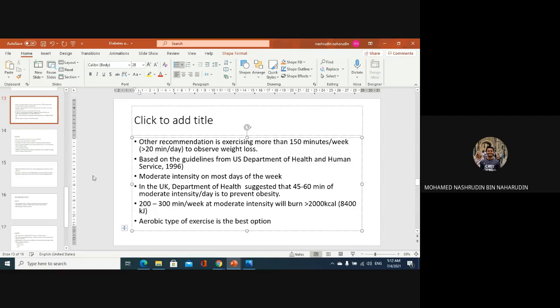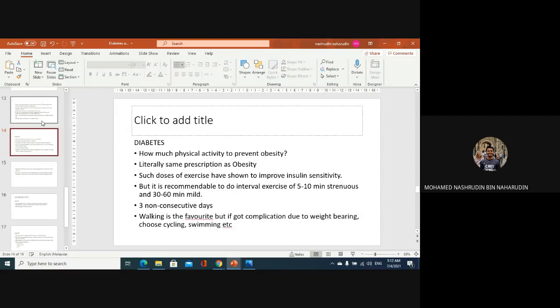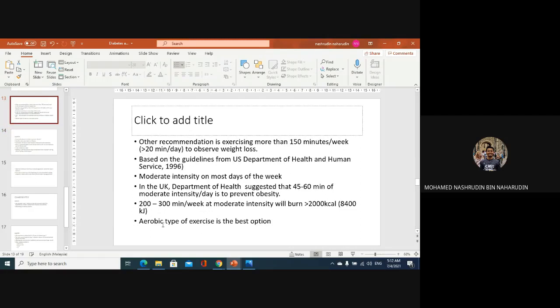So as I mentioned, aerobic type of exercise is the best option because it's prolonged and it promotes lipolysis to burn more fat. When you burn more fat, you also reduce in weight because it utilizes the energy storage in your body.